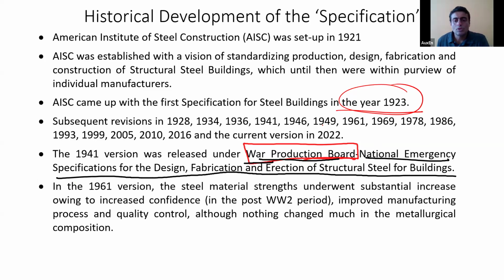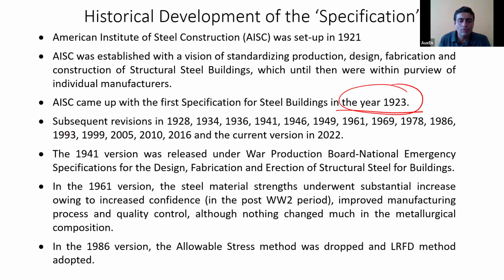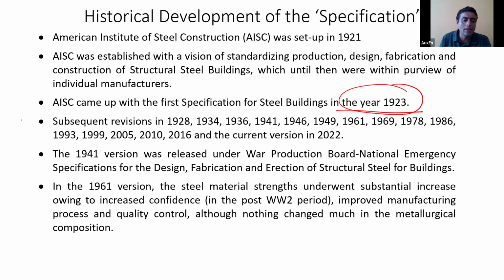So this was done. So in 1949, 61, 69, 1941, 49, and 61, these were mainly, you could say, the wartime, although the war ended in 1945, but then you could say the 1949 version was also somewhat a continuation of the 46 version.